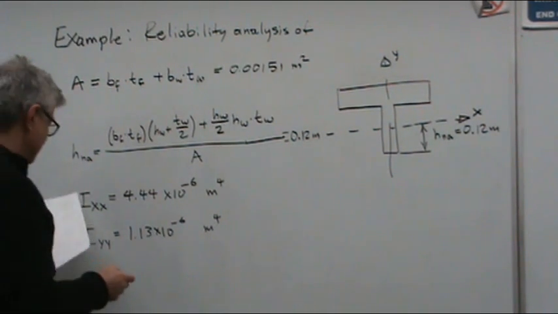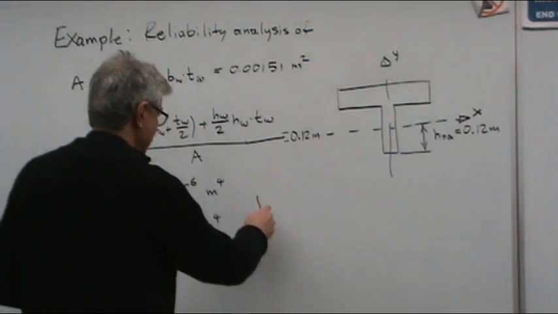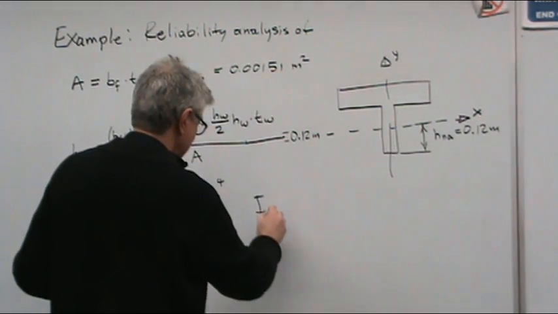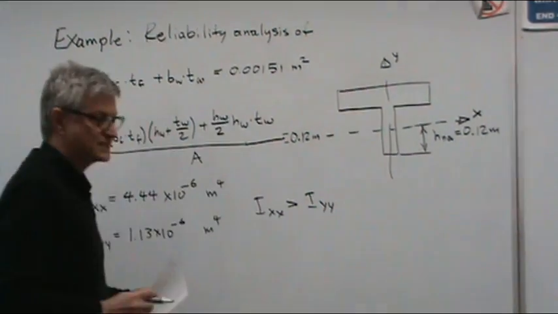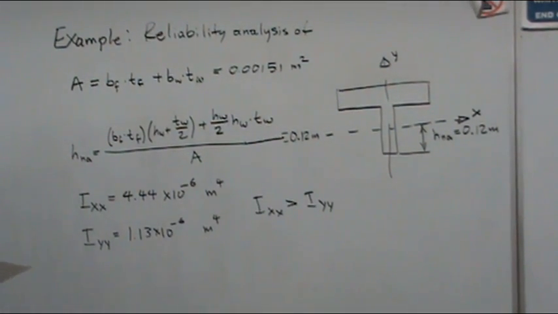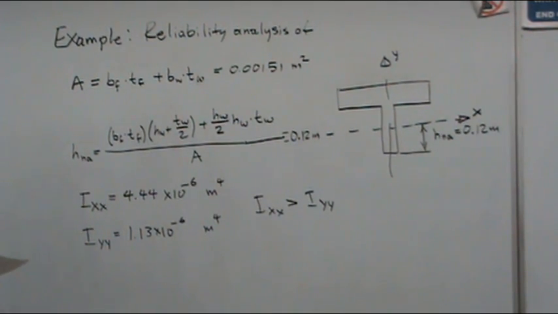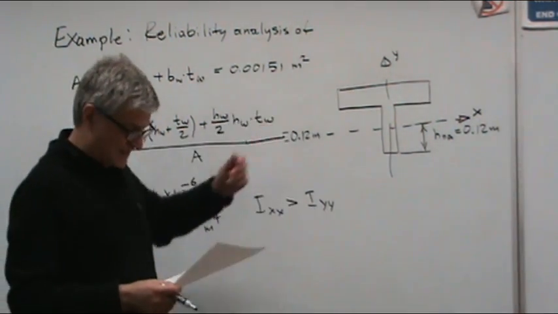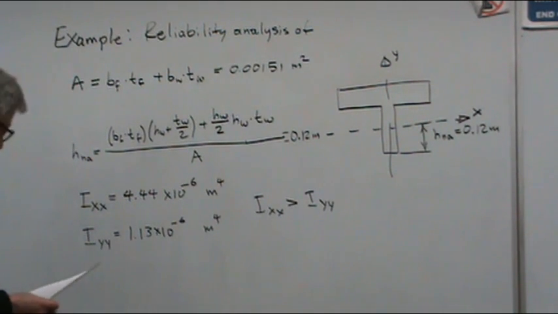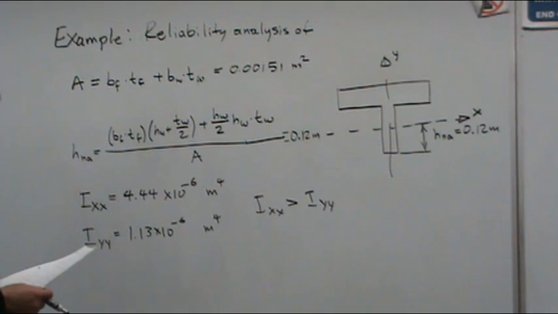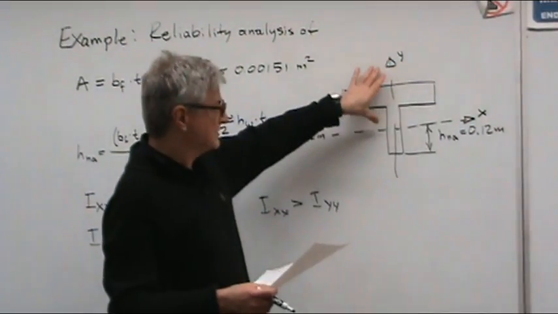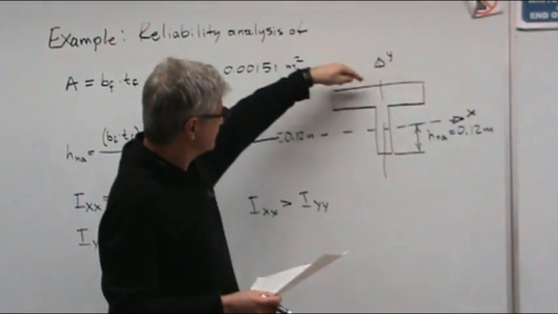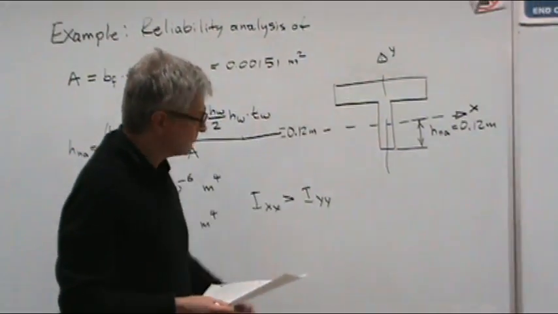You notice that the moment of inertia about the horizontal axis is quite bigger than the moment of inertia about the vertical axis. So we may have to worry more about buckling of the flange. The reason the moment of inertia about this axis is smaller is because the flange is shorter than the web.